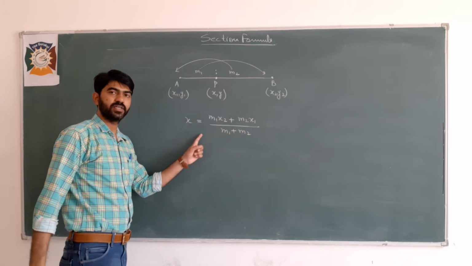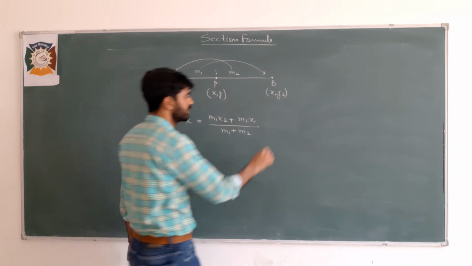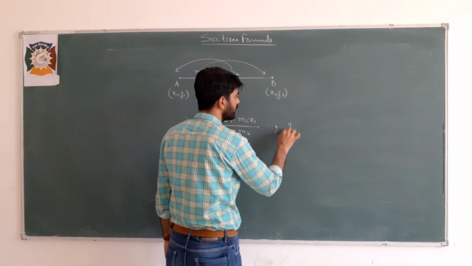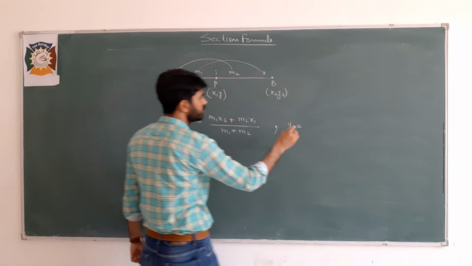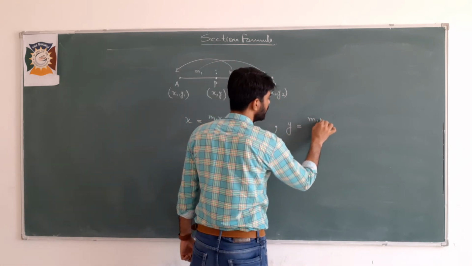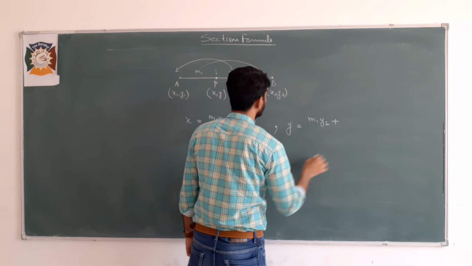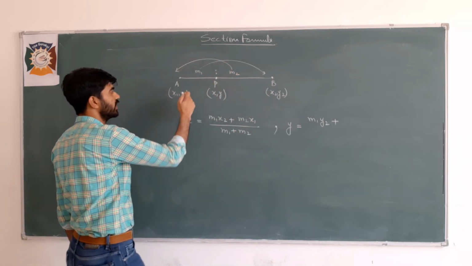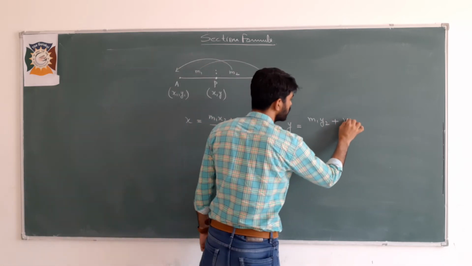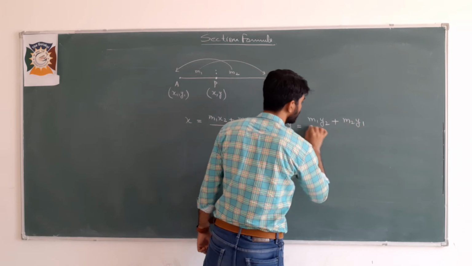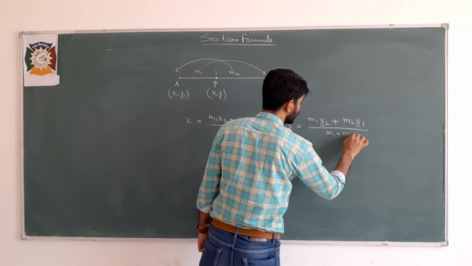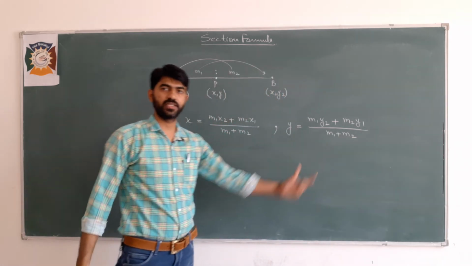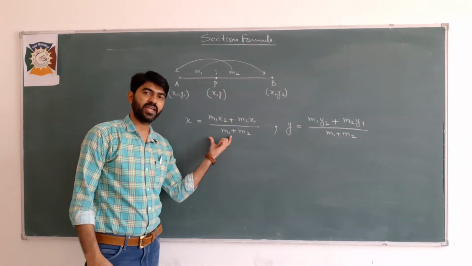This will give us x coordinate, and y coordinate is equal to again m1 into y2 plus m2 into y1 by m1 plus m2. This will give us y coordinate and this will give us x coordinate.